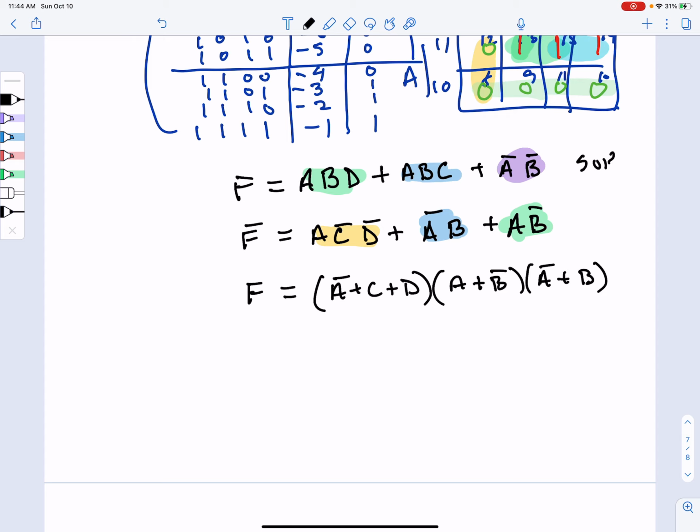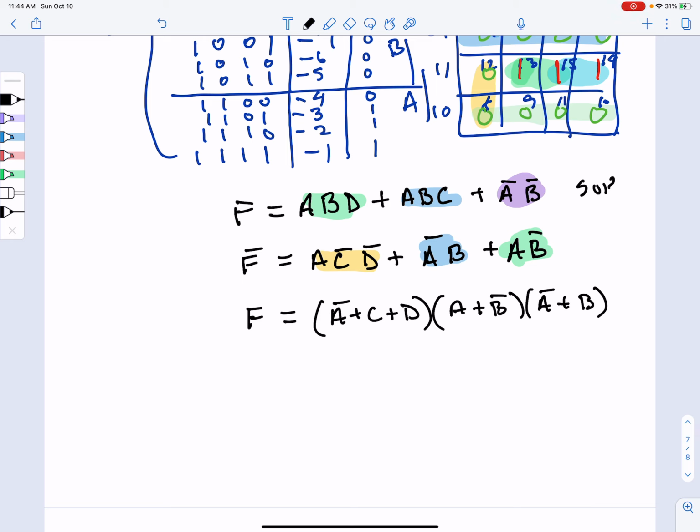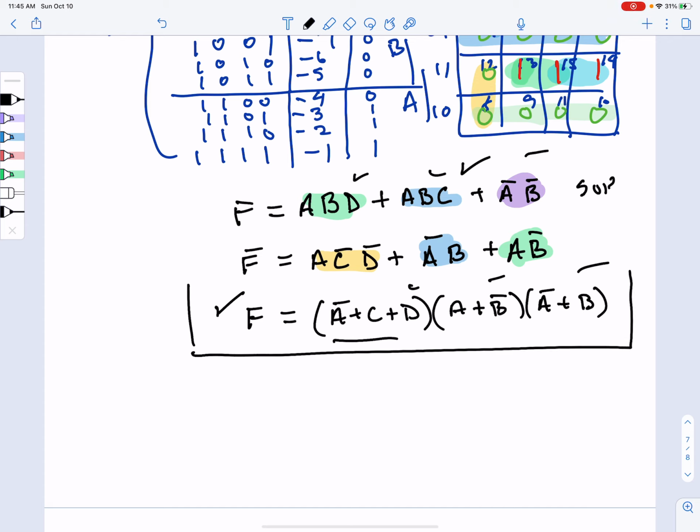Both of these are valid expressions. Technically speaking, SOP is slightly more minimal: it has 3 terms in each, but one of these terms has 3 inputs, whereas up here 2 terms have 3 inputs. So this would be the logic expression that's truly minimal, based on our definition of minimal for this class.